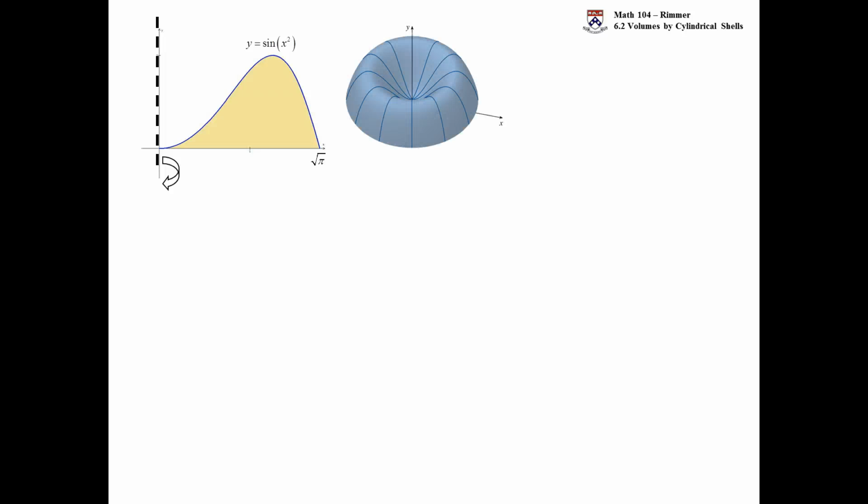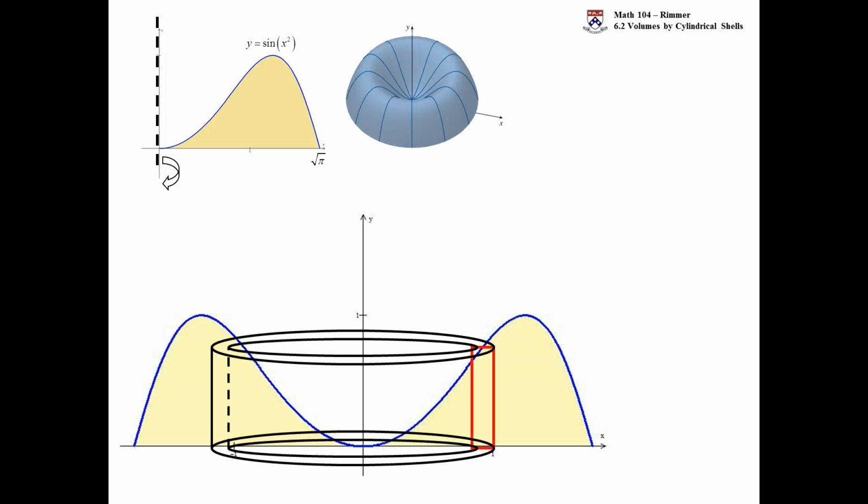So we have the volume of the shell. Here's a picture of it, a static picture of one particular shell. And we have the formula from the other side, 2 pi r h times delta r. Okay, this is a typical shell, so we call it on a typical interval.